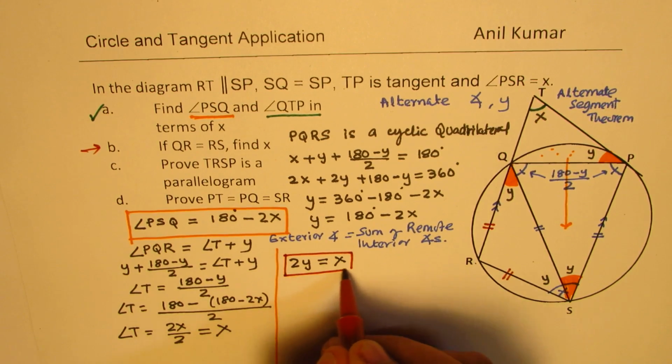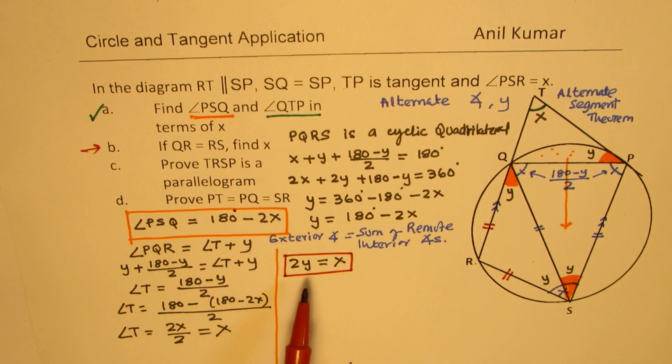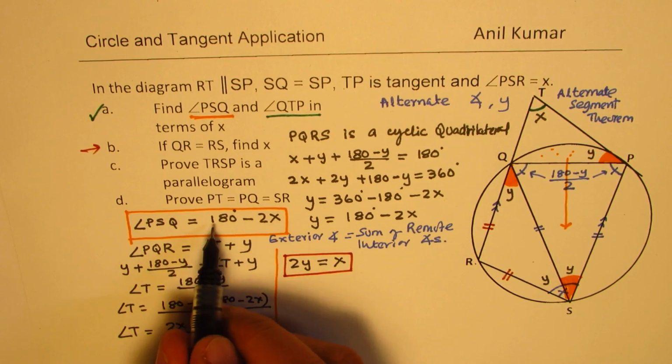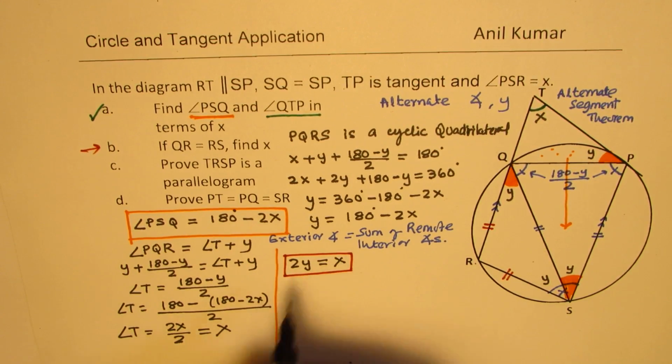We know what y is in terms of x, we just found that y is 180 minus 2x, right? So we can replace this with 180 minus 2x in this equation.